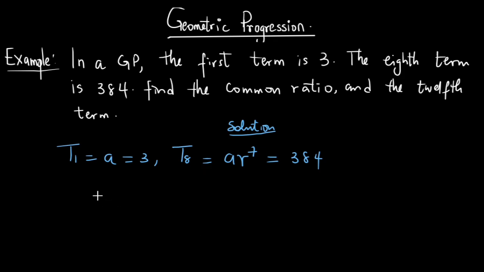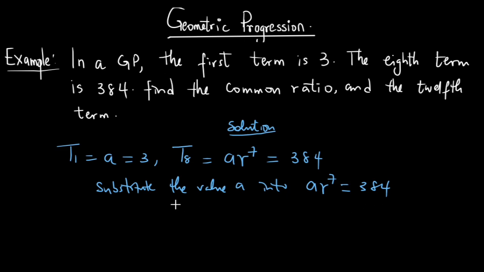So in this case, since we know the value of A to be 3, it simply means that we can substitute the value of A into A R raised to power 7 equals 384.